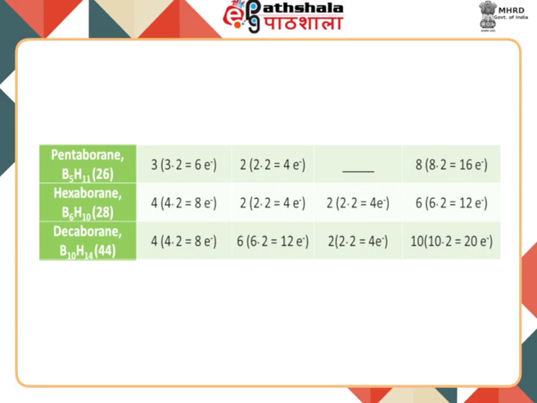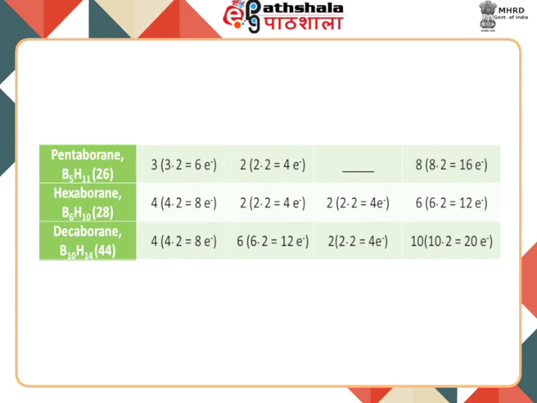In hexaborane, that is B6H10, the total number of electrons is 28. Out of that, 4 are the BHB bonds and 2 are the BBB bonds, which are taking 4 electrons.